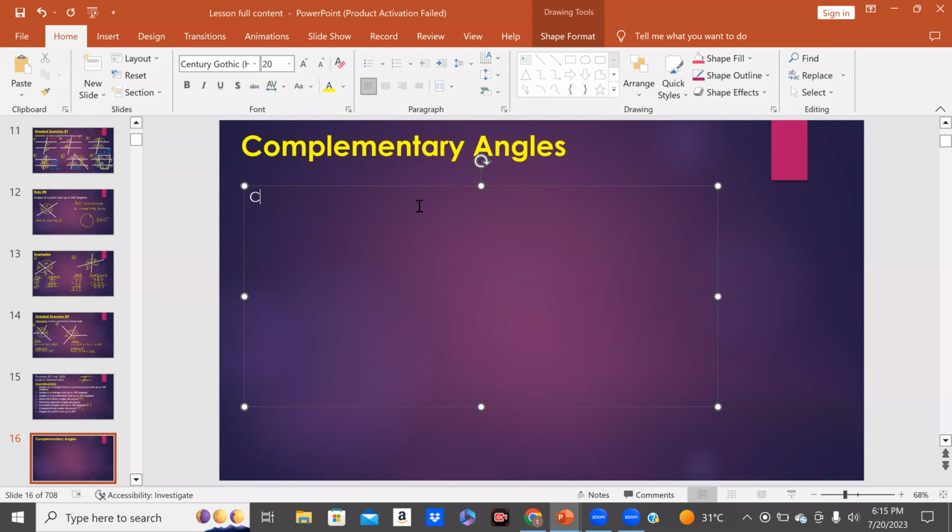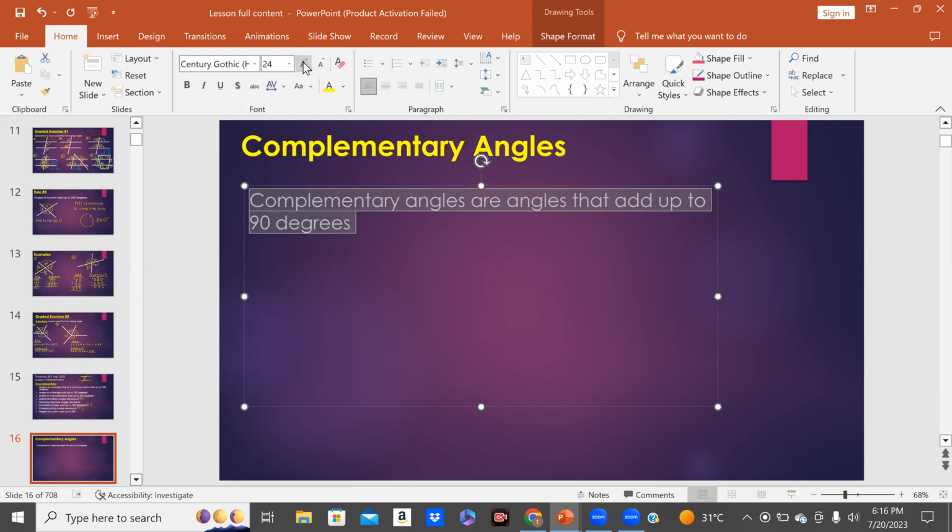Complementary angles are angles that add up to 90 degrees. Two angles are said to be complementary angles if they add up to 90 degrees. So that's complementary angles.